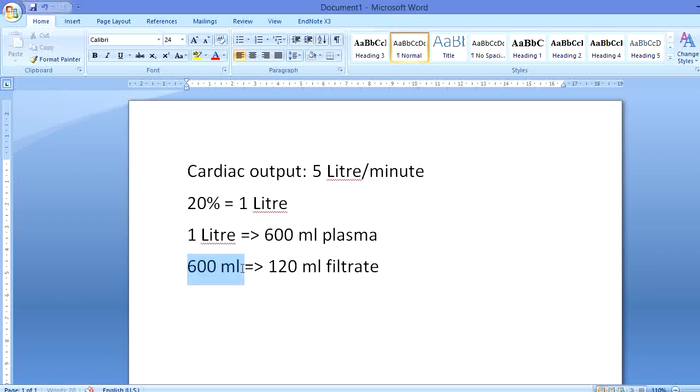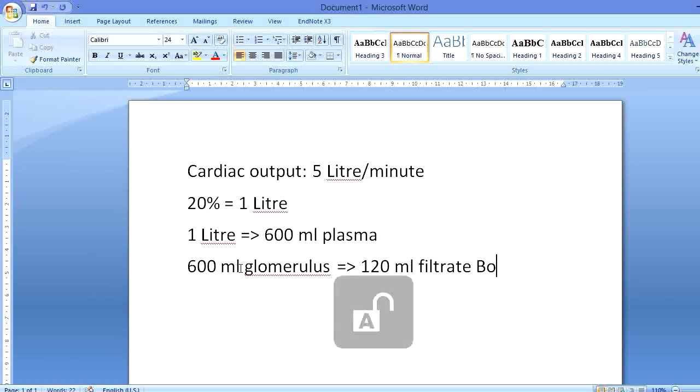From 600 ml of blood plasma, which is present in the glomerulus, 120 ml of filtrate reaches the Bowman's capsule.